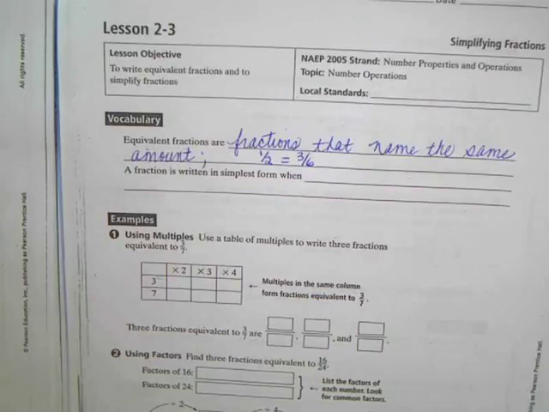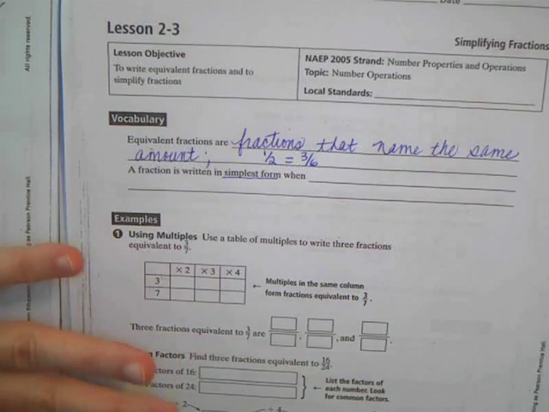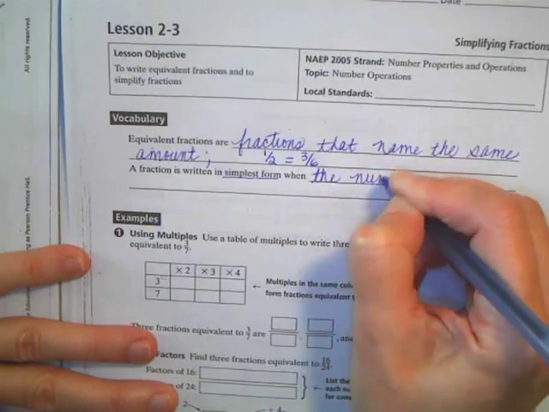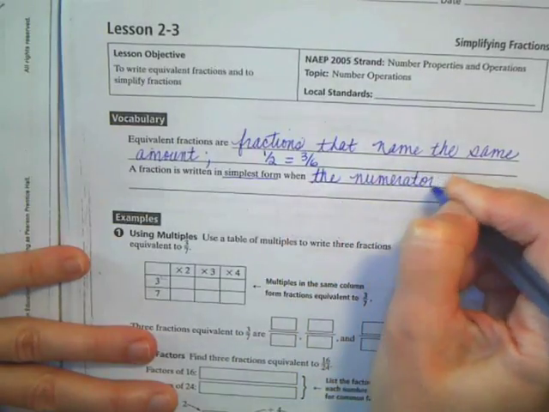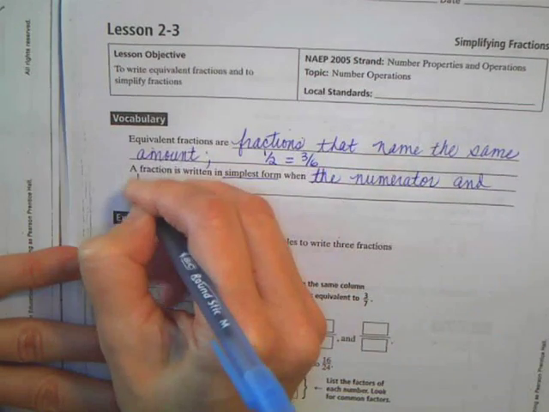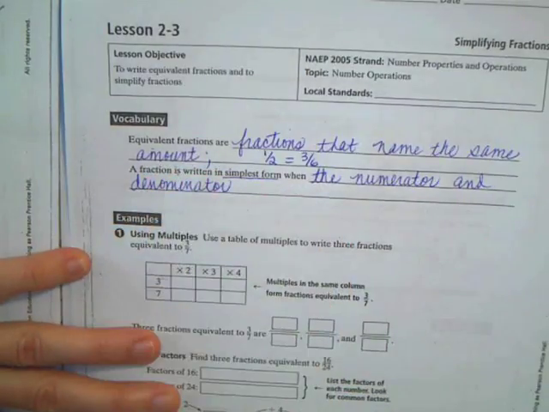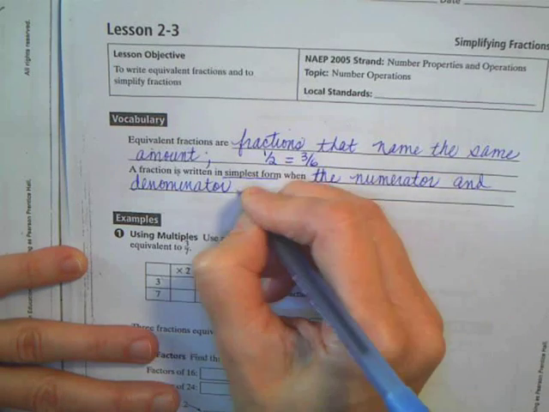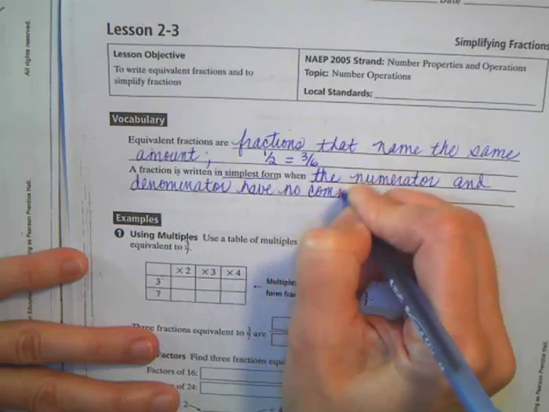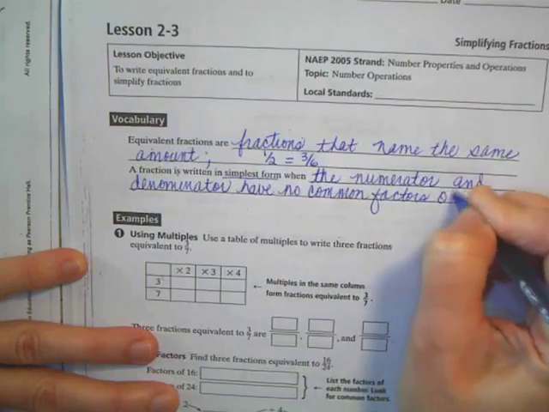A fraction is written in simplest form. Simplest form is important because that's often going to be your directions. A fraction is in simplest form when the numerator, and remember the numerator is the top number, and denominator, which is the bottom term in a fraction, have no common factors other than 1.